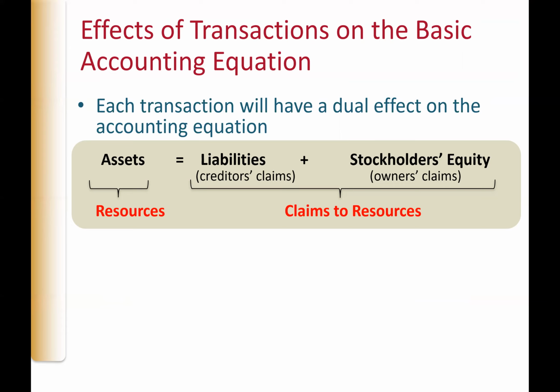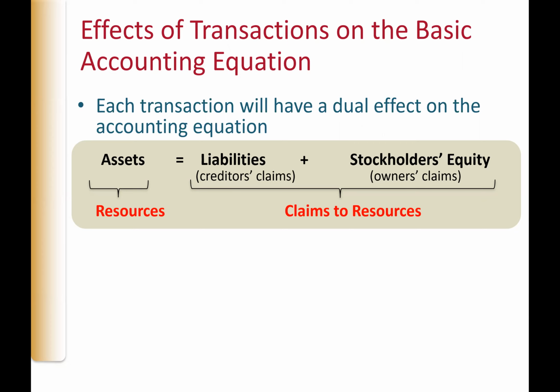Do you guys remember me telling you last week? The most important thing you were going to learn last week was about the accounting equation, that assets equal liabilities plus stockholders' equity. So assets are our resources. The liabilities and the stockholders' equity are claims to those resources.